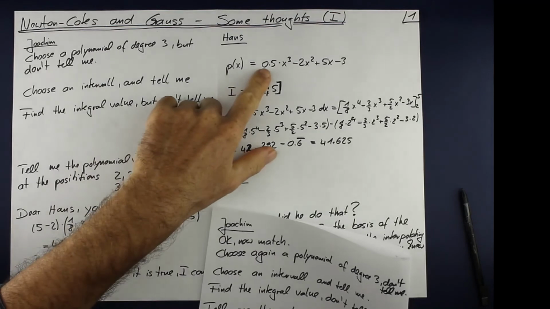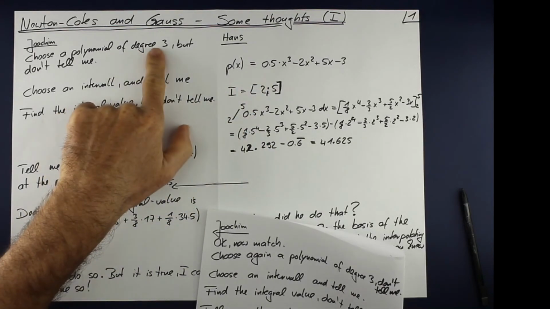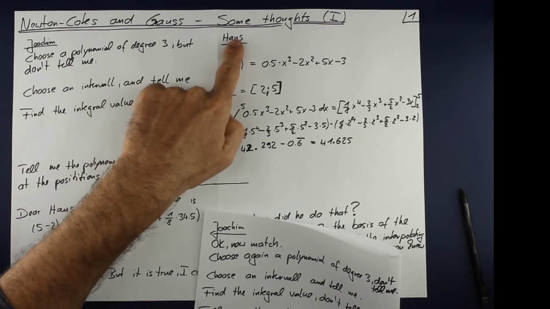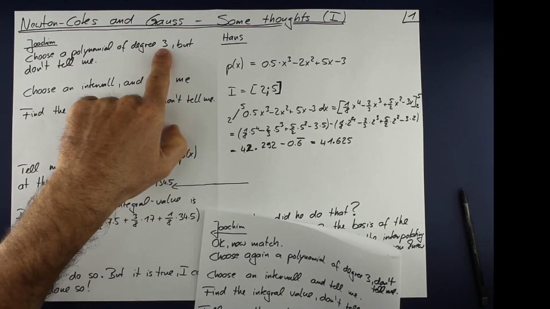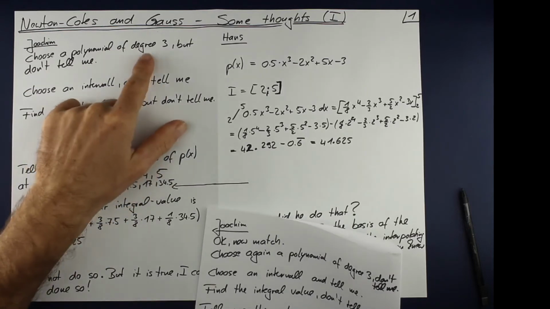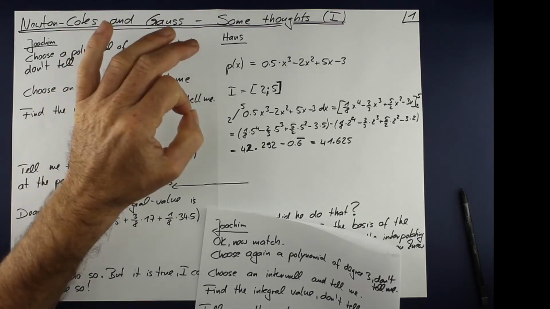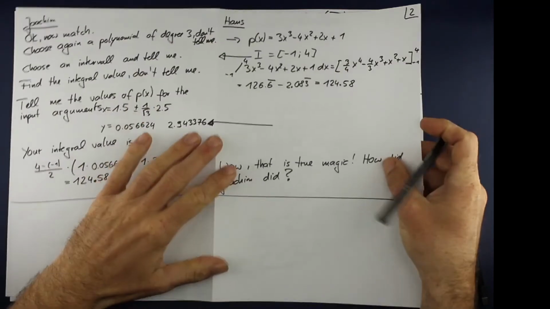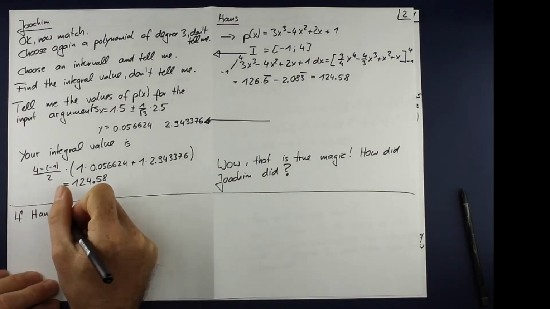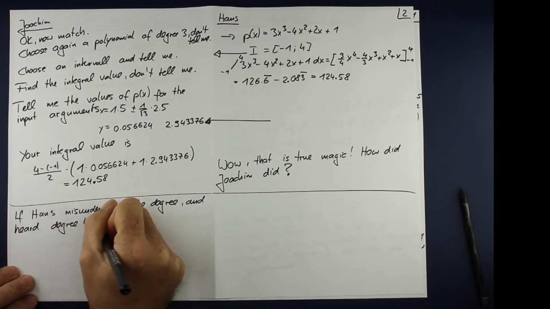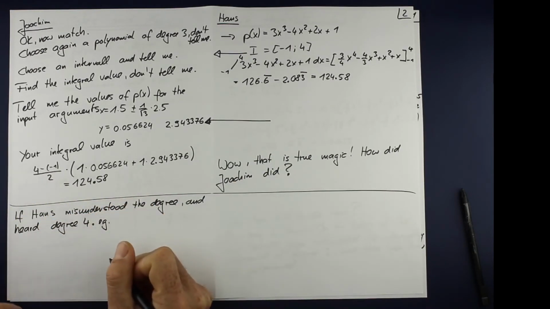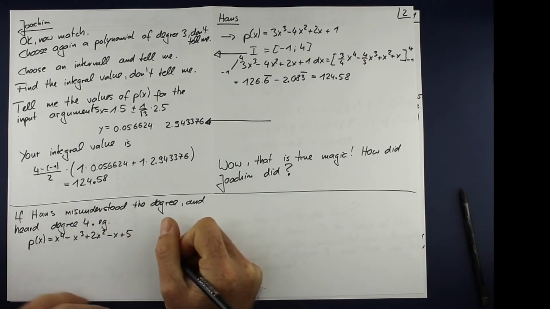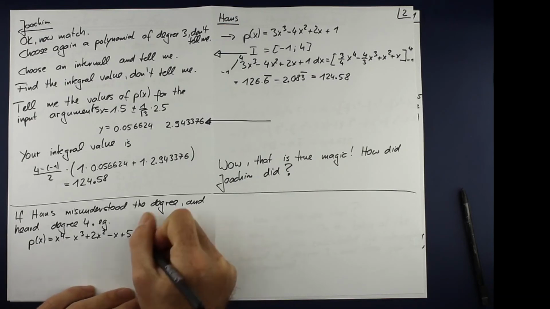Okay, what if Hans misunderstood something here? Maybe instead of hearing degree 3, he heard degree 4. What would have happened in that case? That's what I want to discuss now. Then maybe he would have chosen the polynomial, and maybe he would have chosen the interval.